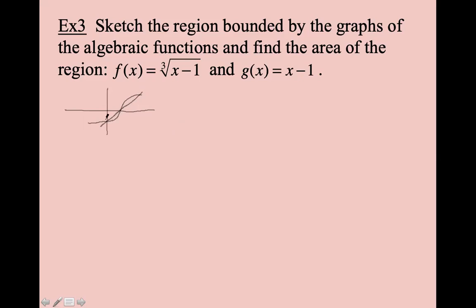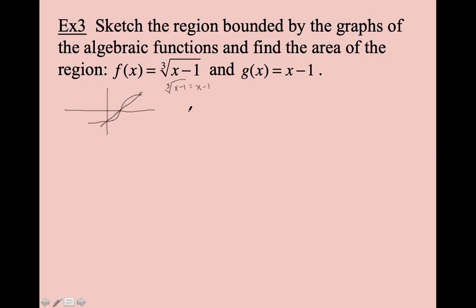All right, these points of intersection, if you haven't figured them out, it should be 0 here. They intersect here at (0, -1), at (1, 0). And this one again is (1, 1). If you're not sure, set them equal to each other. Where does the cube root of x minus 1 equal x minus 1?